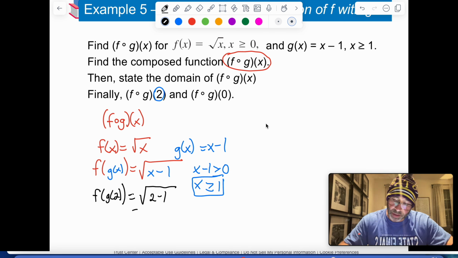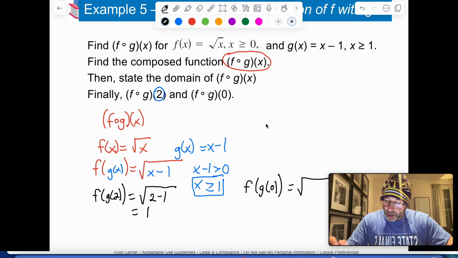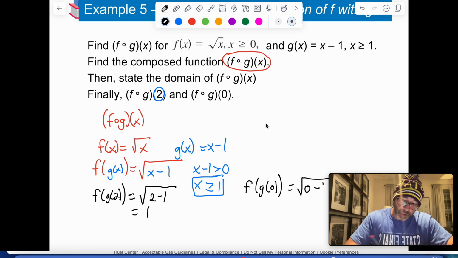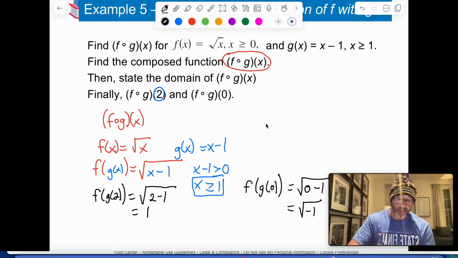So the square root of 2 minus 1 equals square root of 1, which is just 1. When we do f of g of 0, that's going to equal the square root of 0 minus 1, and what happens here is we get a negative 1, so we get an undefined value.